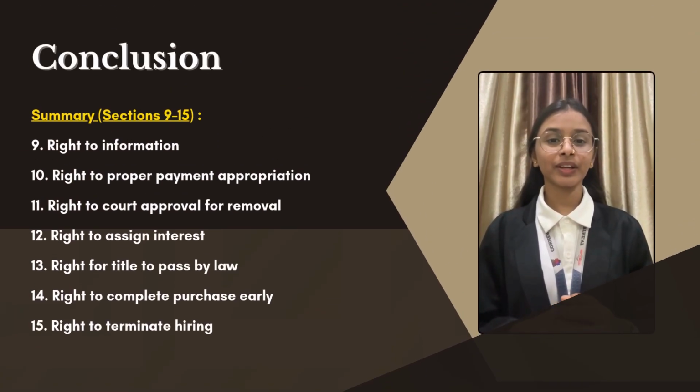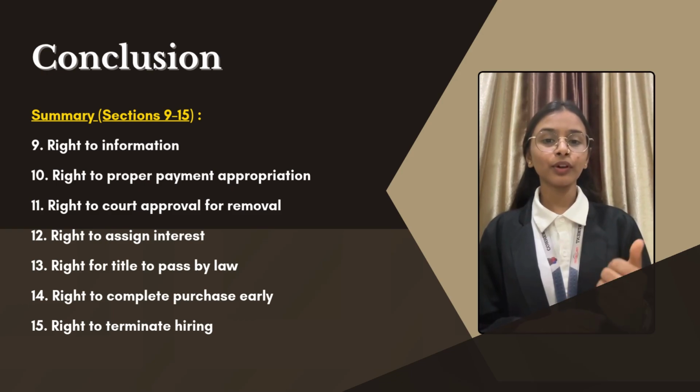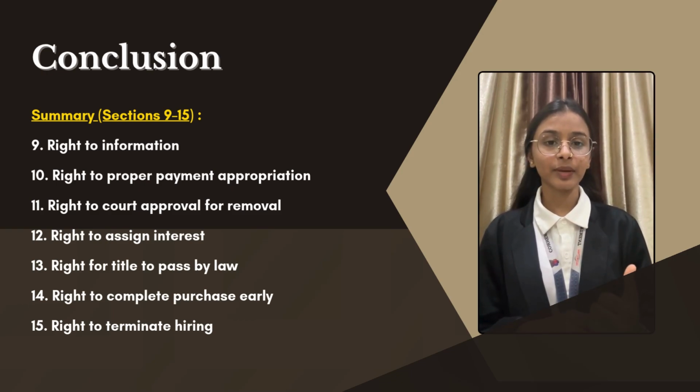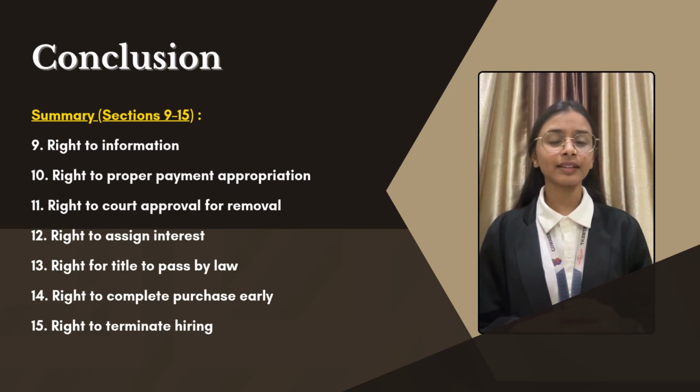Finally, before ending our video, allow me to give a quick reflection of what we have presented today. In the first slide, we got to know what a hire purchase agreement is and why statutory protection matters. Next, my team and I explained Section 9 until Section 15 of the Hire Purchase Act 1967.